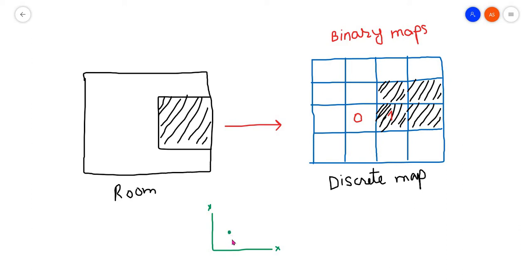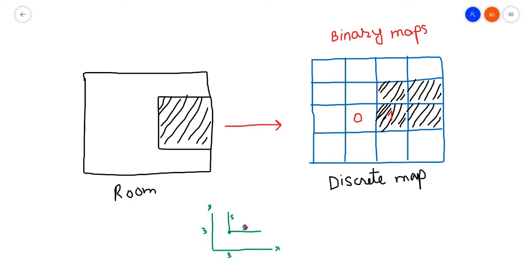Let's say it's 3 here on the x-axis, and this is the y coordinate, which is also 3, and the size of the obstacle along the x-axis is 5, and along the y-axis this is also 5.